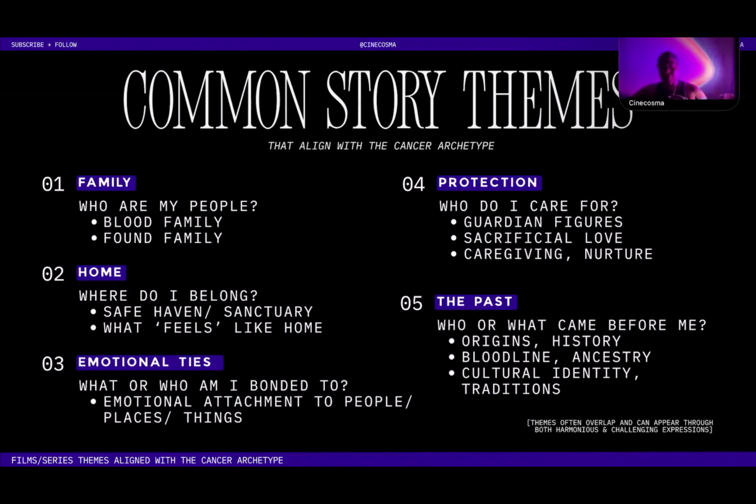If you remember, I just showed you the slides with Cancer themes, but now on this slide, I'm showing you actual storytelling themes. These are literal words that might be used. If you've ever taken a film class, and I have, I went to school for film or a film equivalent program, you might have watched a movie and then been asked, what do you think this story was about?